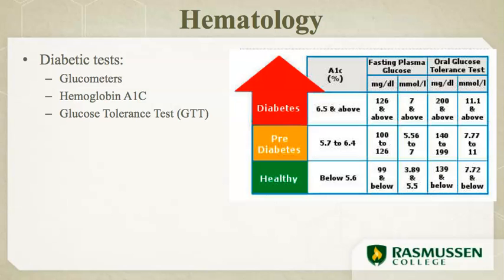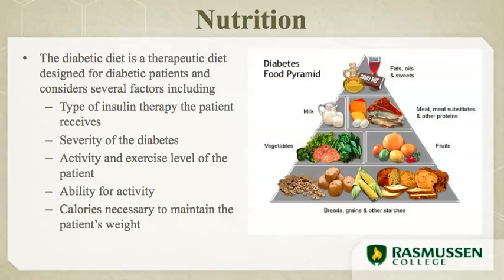Now, along with hematology and talking about the blood testing and handling diabetic emergencies, the other thing we focus on with endocrinology glands, specifically that of diabetes, is nutrition. And we're going to talk about the diabetic diet. So as a medical assistant, you may need to explain to a patient that we have to talk about a diabetic diet.